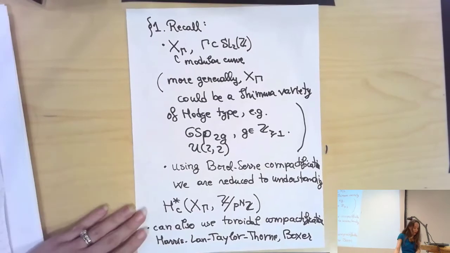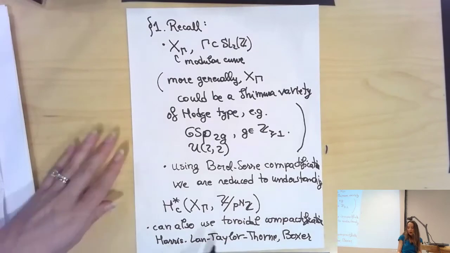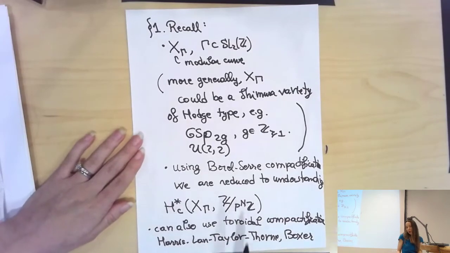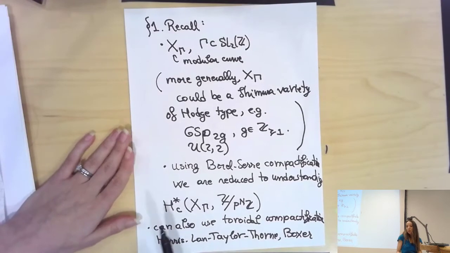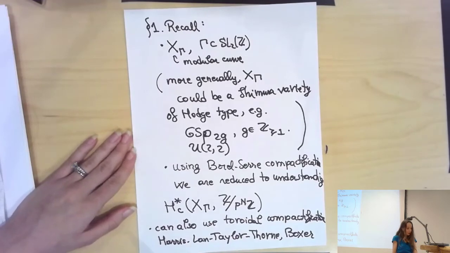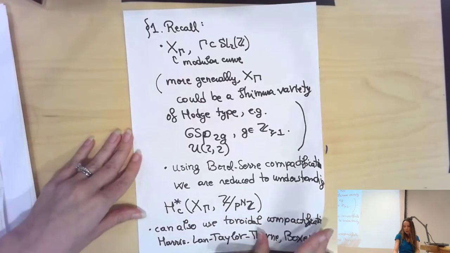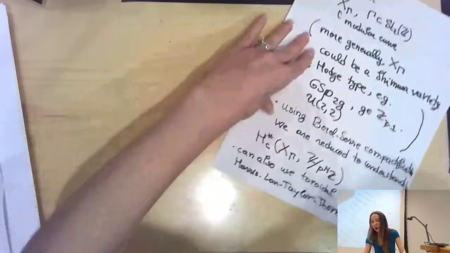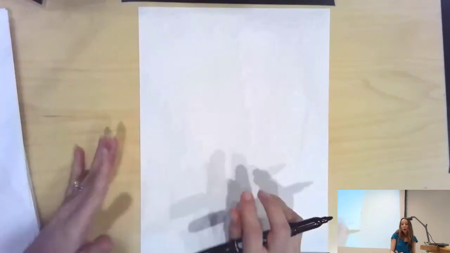All right. And now I want to explain what to do about understanding this compactly supported cohomology of the Shimura variety, just singular cohomology, using perfectoid spaces. And so the first thing is a comment about how you actually prove the result, because last time I talked a lot about how you use étale cohomology.